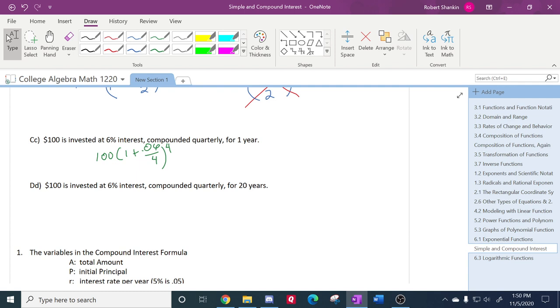Write the expression that you're going to get for that. Enter it into your group chat.